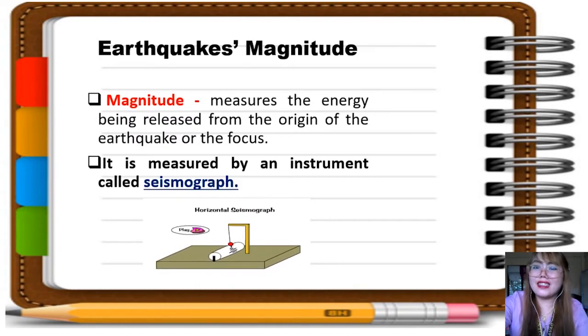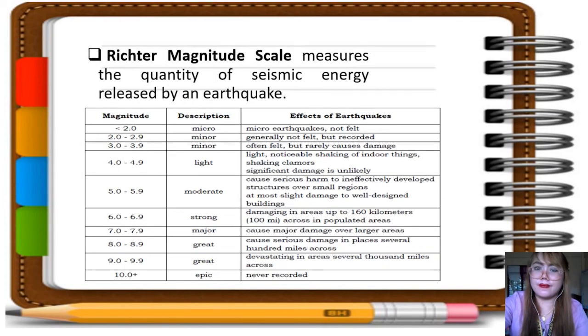First, let's discuss magnitude. How will you describe it? Well, magnitude measures the energy being released from the origin of the earthquake. It is measured by an instrument called seismograph. The Richter magnitude scale measures the quantity of seismic energy released by an earthquake.